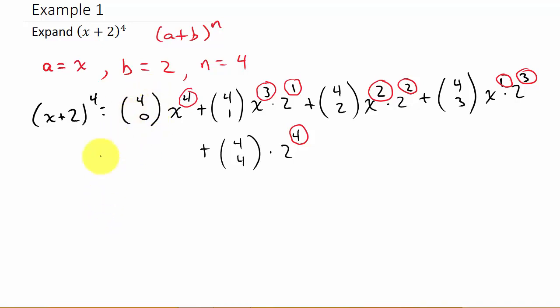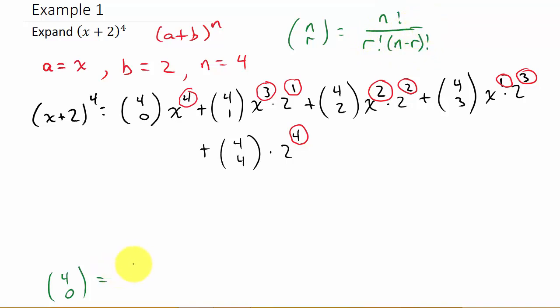Let's calculate this combination 4 choose 0. So I'm going to come down here and do that. So I've got combination 4 choose 0. Remember, combination n choose r is equal to n factorial over r factorial times n minus r factorial.